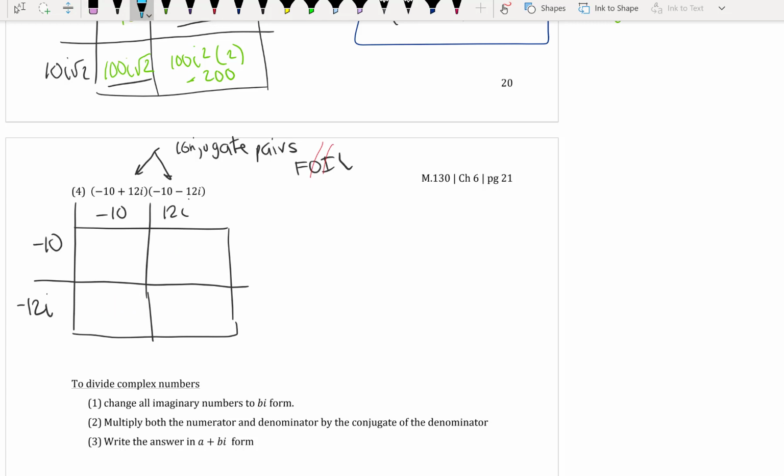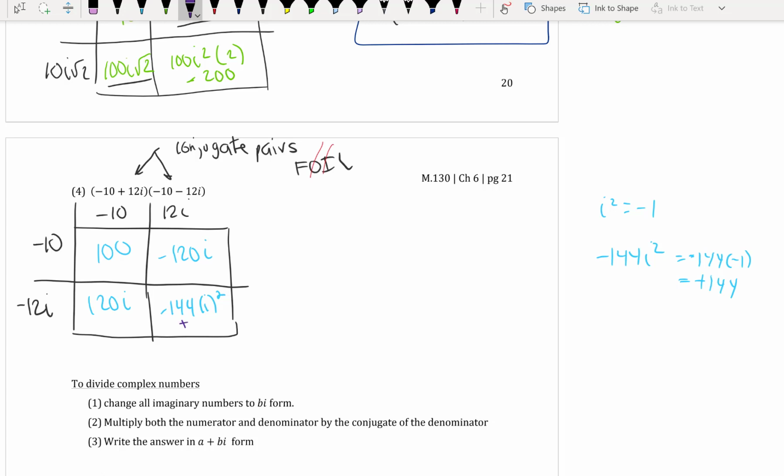So we have negative 10 times negative 10, which is a positive 100. Now I have a negative 120i, and here I have a positive 120i, and 12 times a negative 12 is negative 144, and I have my i squared. Well, remember that i squared is a negative 1, so negative 144i squared is really negative 144 times negative 1, and a negative times a negative is a positive 144.